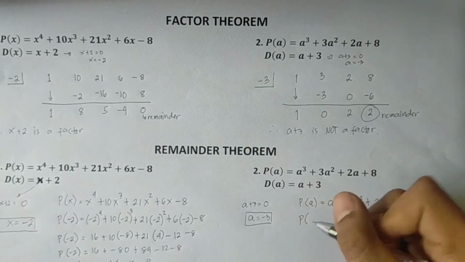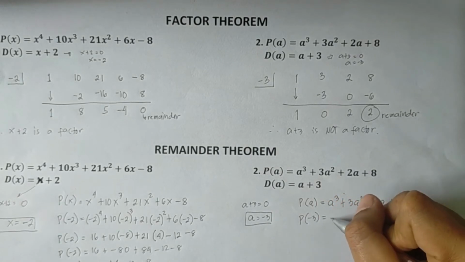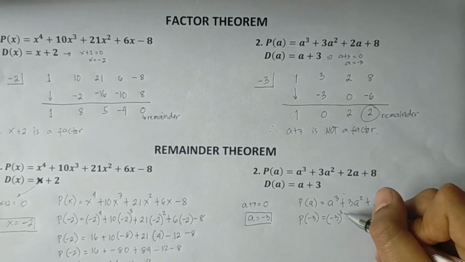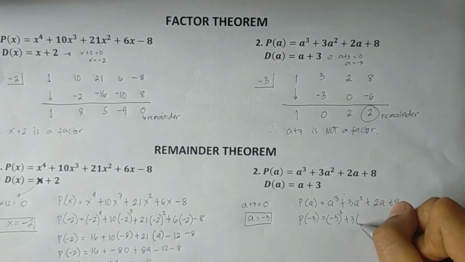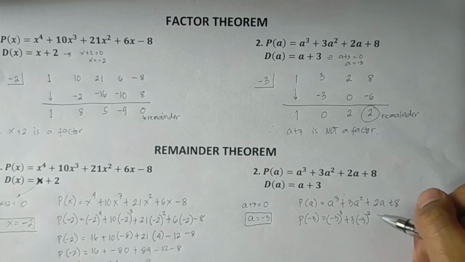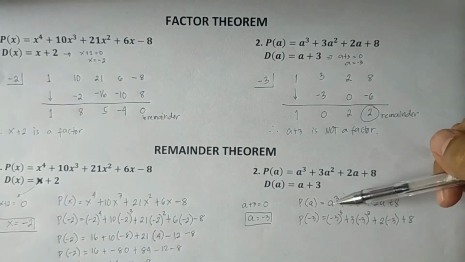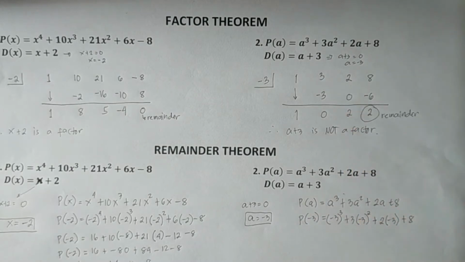So P of -3 equals (-3) cubed plus 3 times (-3) squared plus 2 times -3 plus 8. Again, we just substitute A by -3.